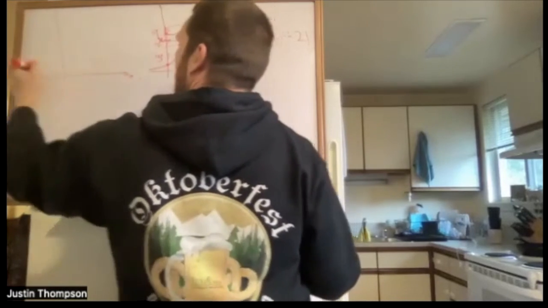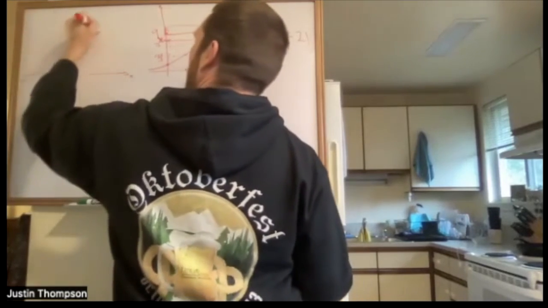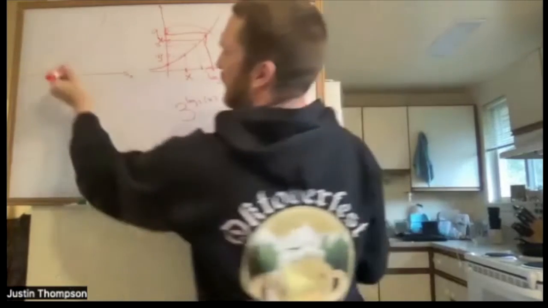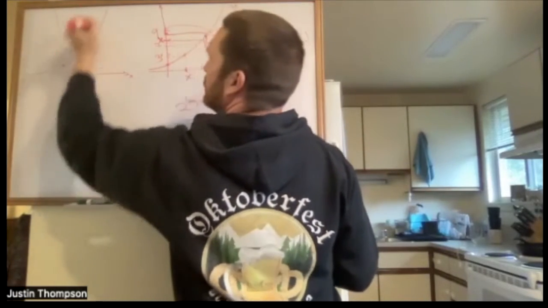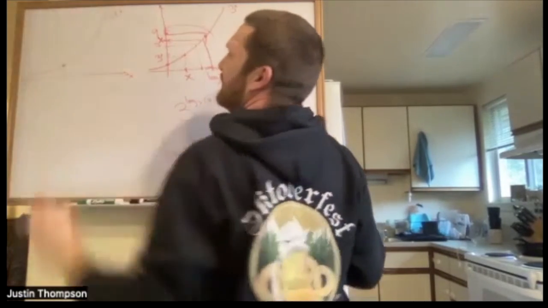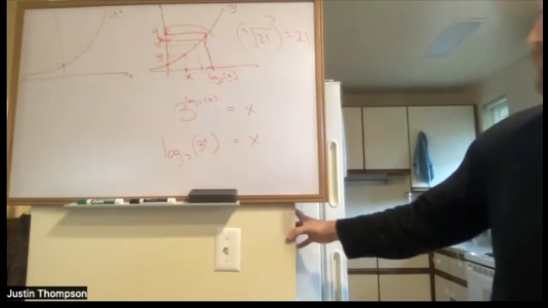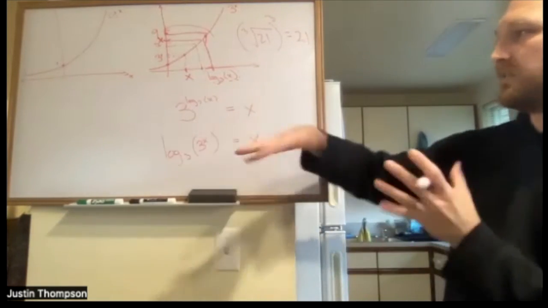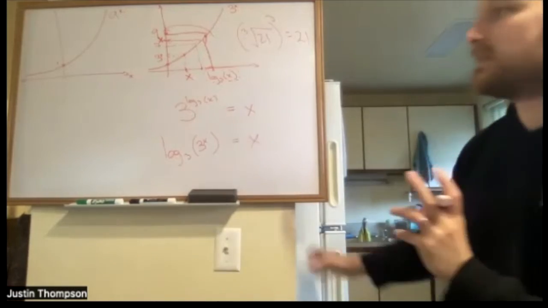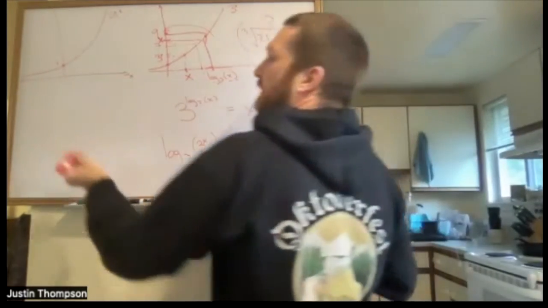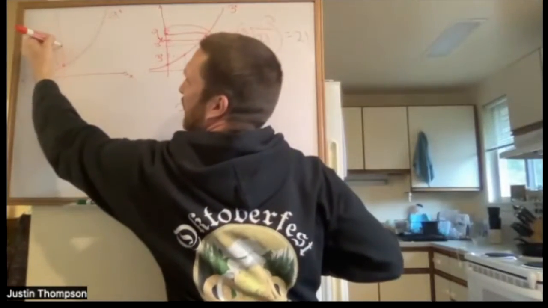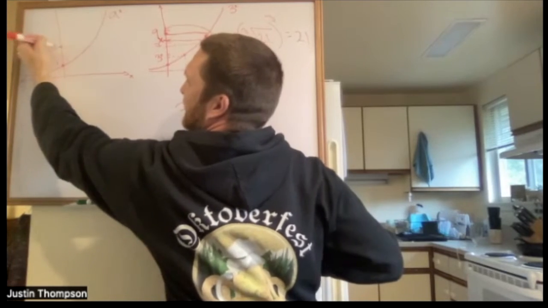But first, I want to say, in general here, let's suppose we have the function a to the x. And we want to go in both directions here. So first, let's suppose that we have some number up here and we'll call it x, and it's the output.